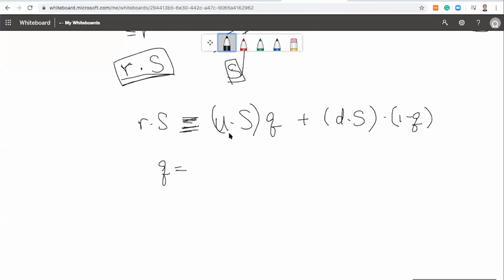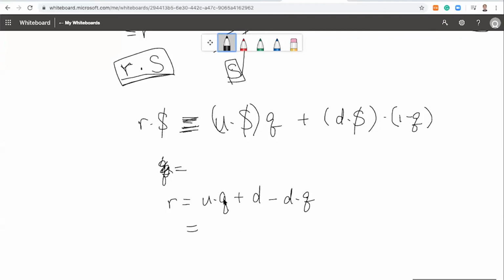So we are going to derive the Q using this formula. As you can see, it all has S, so S will be canceled. Then, before I write it here, I'm going to write R on the left-hand side, and this is U times Q, and here is D minus D times Q, right?